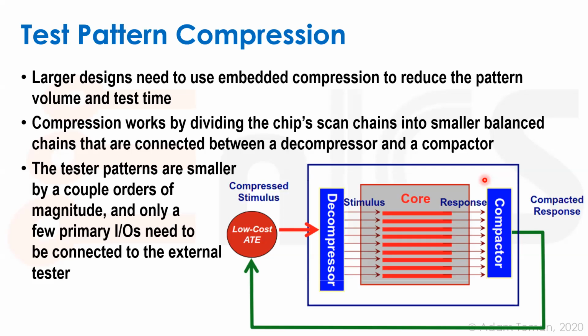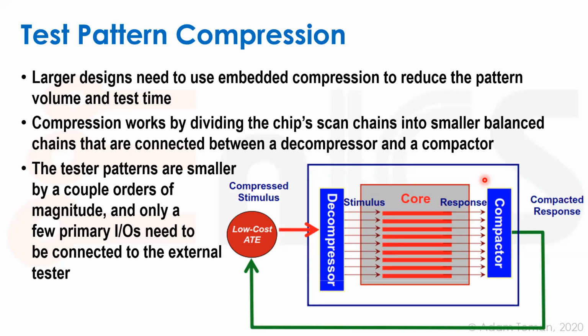You shoot in a certain type of pattern. You have some sort of hardware that compresses and decompresses it, so you need fewer cycles to run it in. And you can do many more smaller scan chains in parallel and drastically reduce the size. There are lots of algorithms and things that different companies try to do to help you make your tests as short as possible.